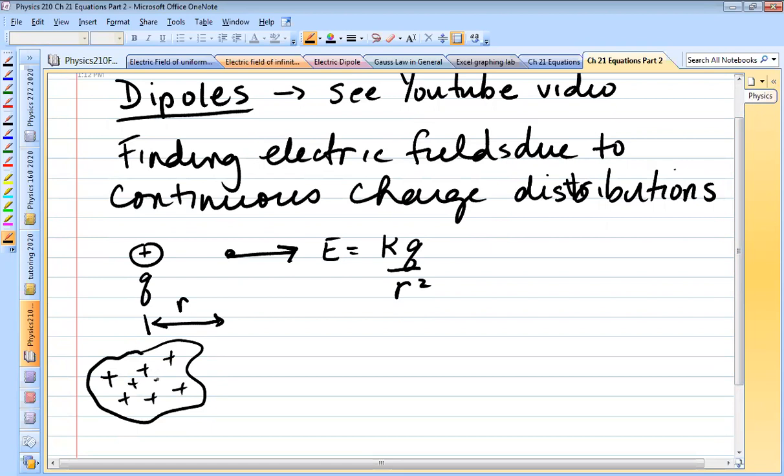Okay, and so what you have to do is treat this big blob of charge as millions and millions of tiny point charges. So you divide this blob into little tiny point charges, which we're going to call dq.